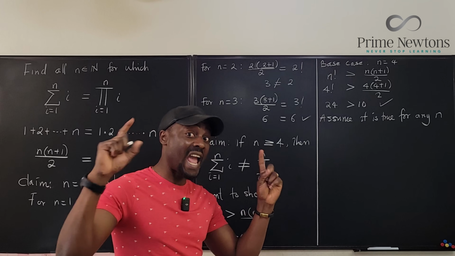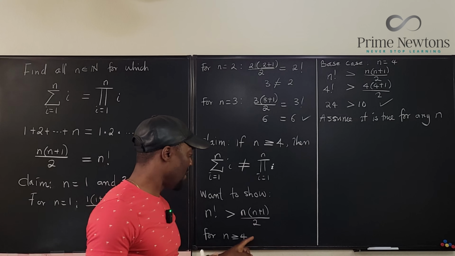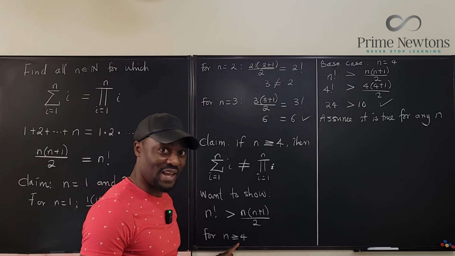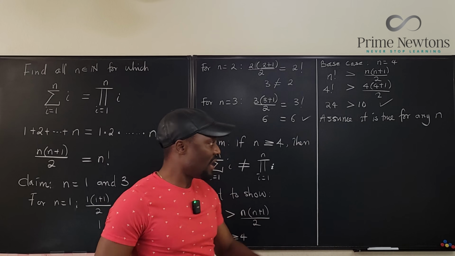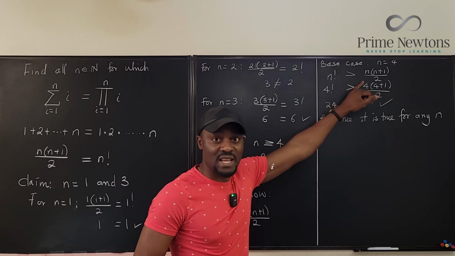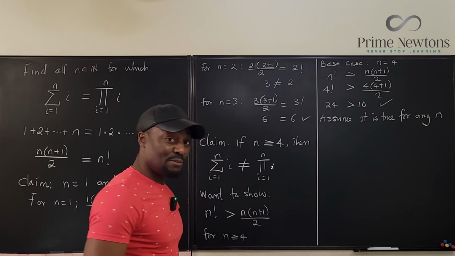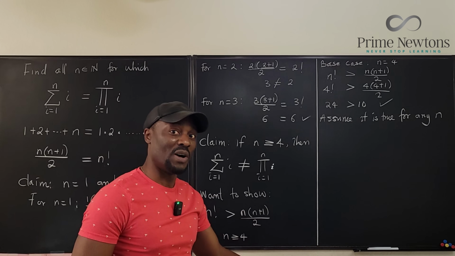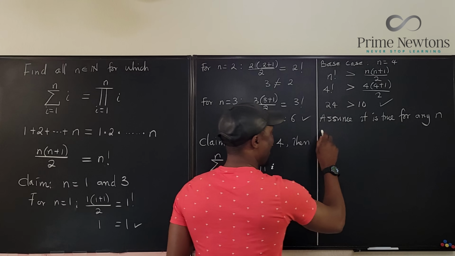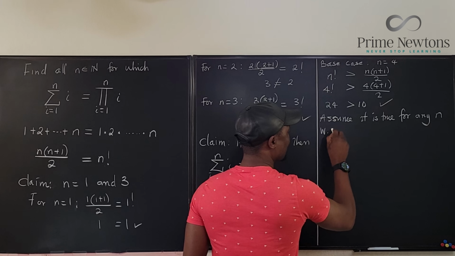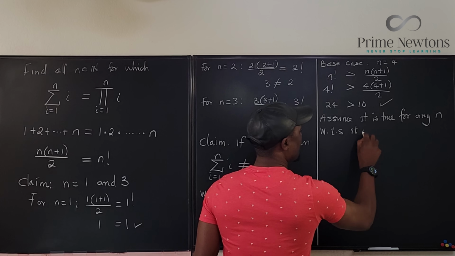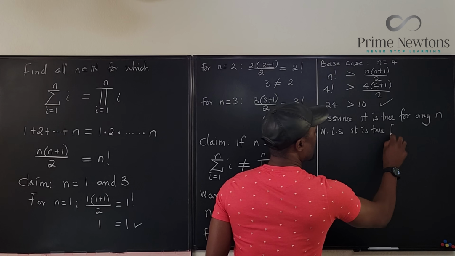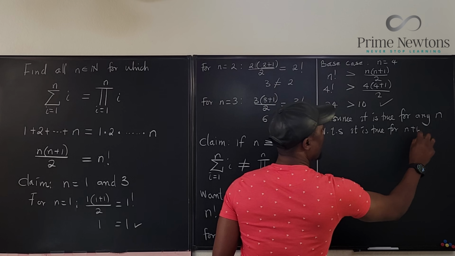Remember what we mean by any n, it means n's that are greater than or equal to 4. So ignore the ones before it. Our induction starts from n equals 4. So at this point, we will now want to show that it is true for n plus 1.